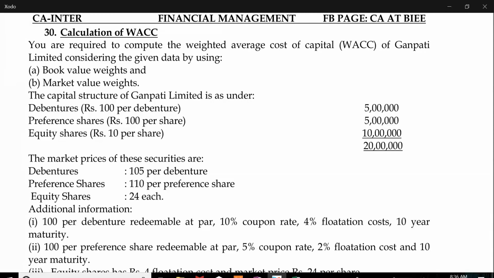Okay, they've asked for WACC of Ganpati Limited using book value weights and market value weights. Same rules. We'll start with working note 1. I'll take you through working note 1. Working note 2, you will complete it. Working note 1, cost of individual components of capital.